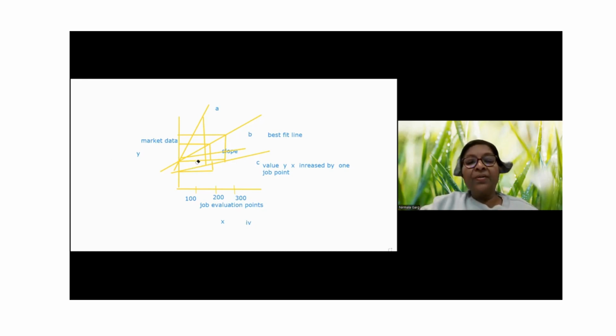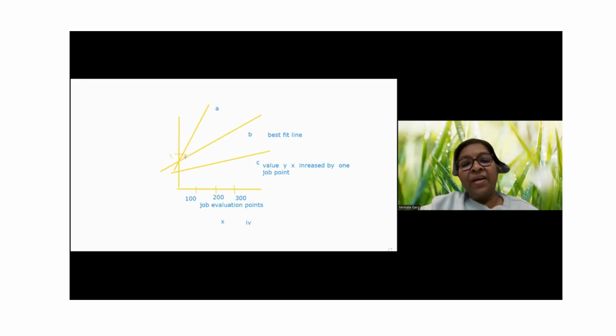Let me rub this part, only this part. Now, intercept is where this best fit line intercepts with the Y axis. This part, where this intersection is.